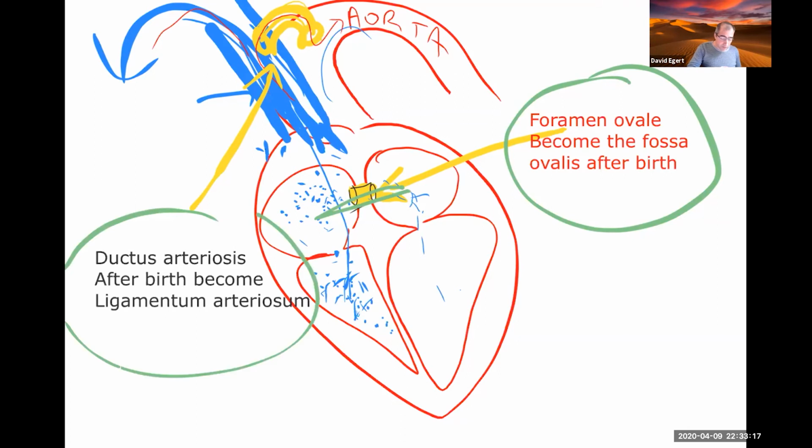The ductus arteriosus becomes the ligamentum arteriosum afterwards. We still want a little blood going to the lungs because the lungs need some oxygen, since there's still tissue that needs to be alive. But this makes it so most of your circulation stays on the systemic side, because you don't need to be sending blood to the lungs.